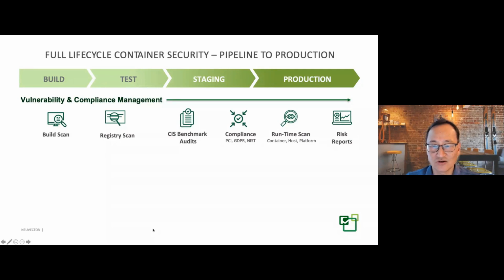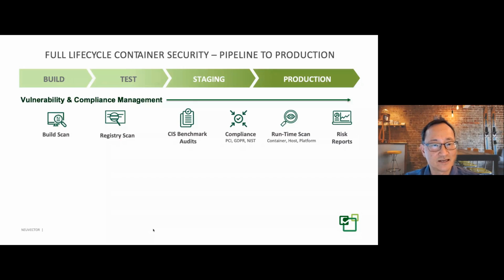And so before I show NeuVector, I thought I would give a brief high-level overview of what NeuVector is. So NeuVector is a full lifecycle container security platform from pipeline all the way into production. And it's really two major areas: vulnerability and compliance management and runtime.